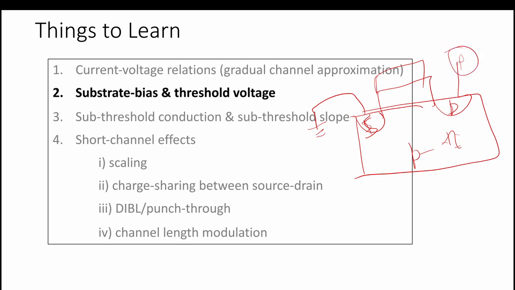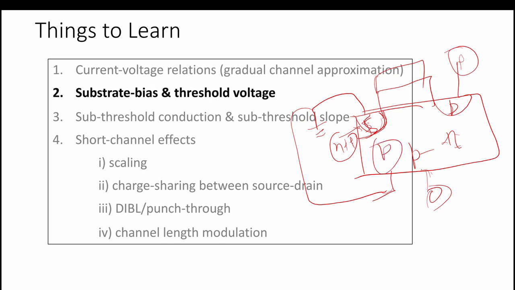Okay, so initially what we are doing is shorting the source and the substrate, so there is a zero bias at this substrate. There is a depletion region in between: this is n plus plus doped, this is n plus plus doped, and this is p doped.